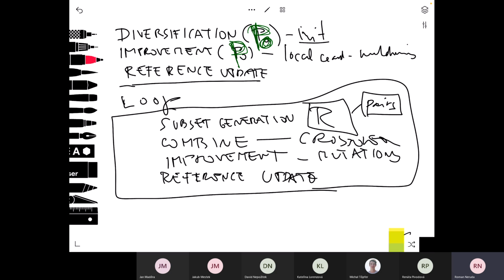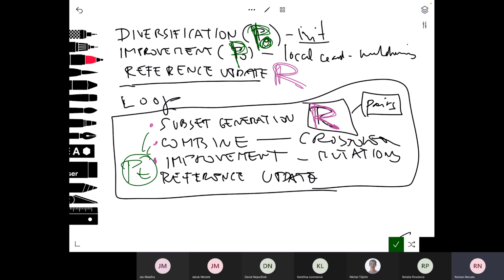So here we're talking about the reference. Then we're using the reference only for creating the pairs and crossing them over. So we're creating the pairs, crossing them over, mutate them, and now at this point we have the PT, right?